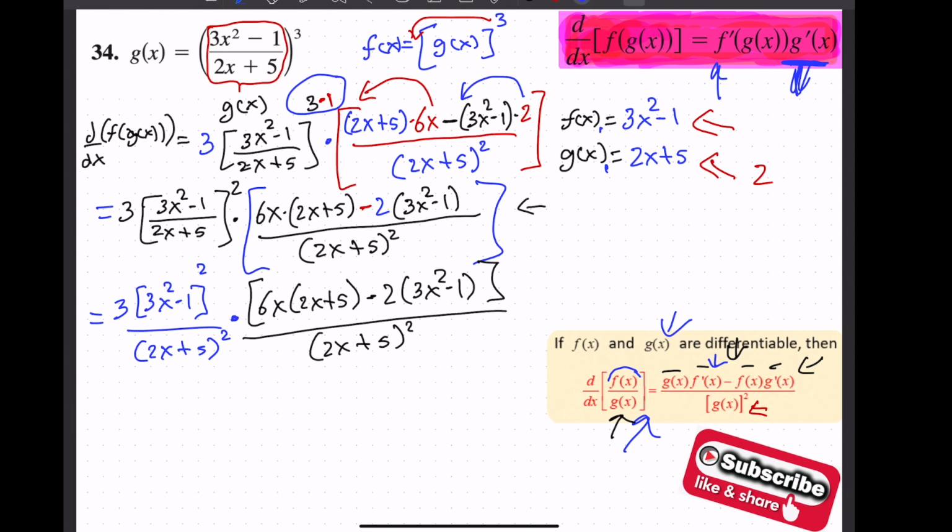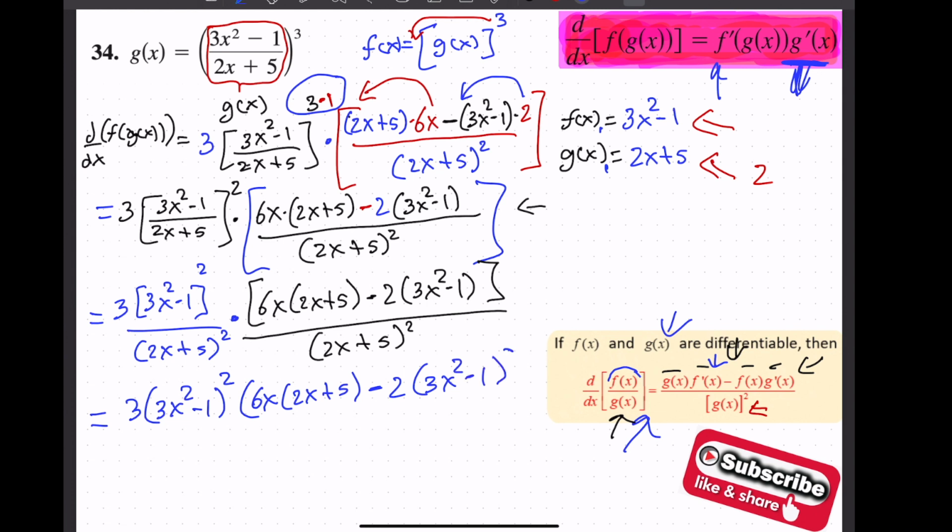And now when I simplify this, I simply get equal to 3, 3x squared minus 1 squared, times, and I have 6x times 2x plus 5 minus 2, 3x squared minus 1.